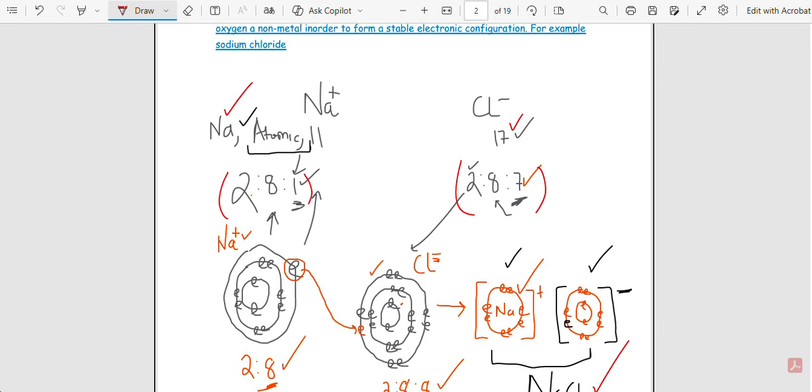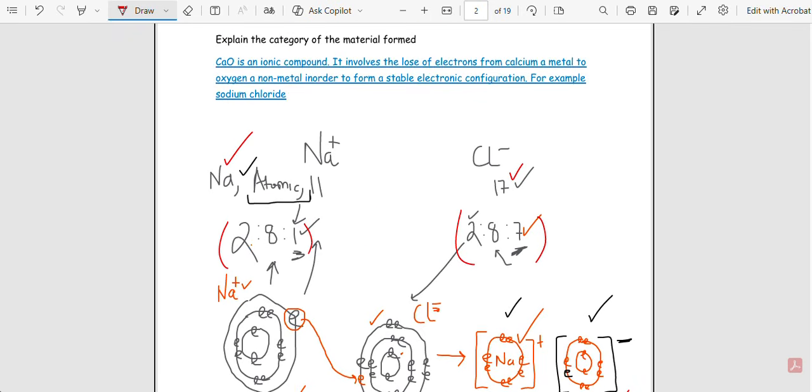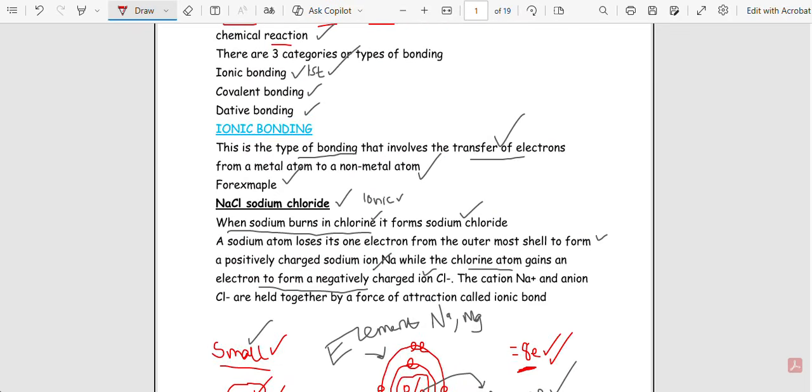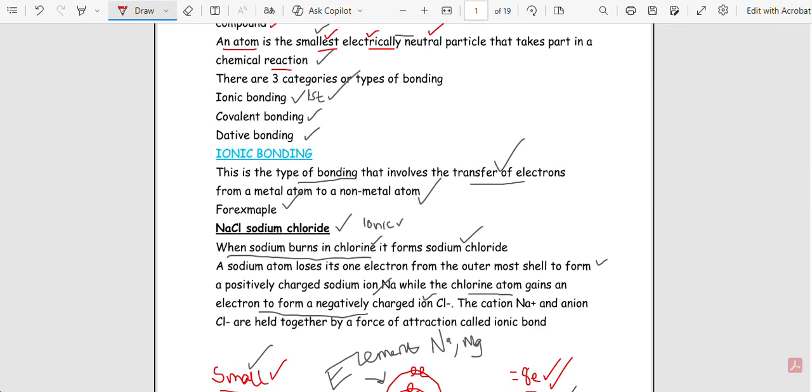Those atomic numbers are going to help you to draw the electronic configuration. From the electronic configuration, you're going to draw the diagrams. And we say the first shell has a maximum of 2, while the outermost has a maximum of 8. So this is ionic bonding.